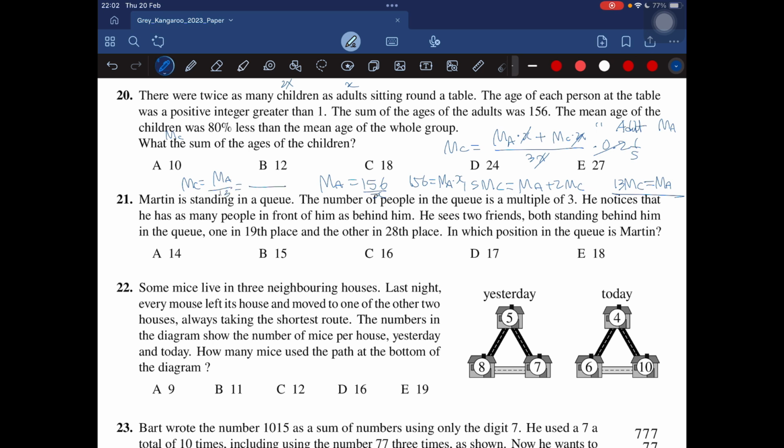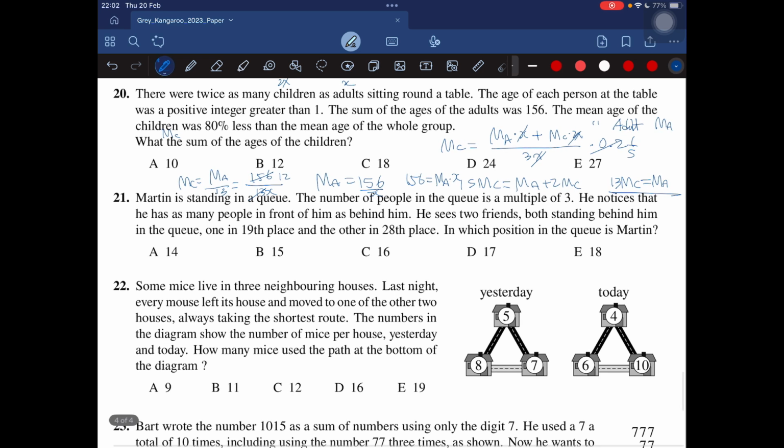MA is 156 over x over 13. But actually we need only this, which is 12. But because we have twice the number of children than adults, we can multiply by 2x, and 24. So the sum of the ages of the children could be 24.